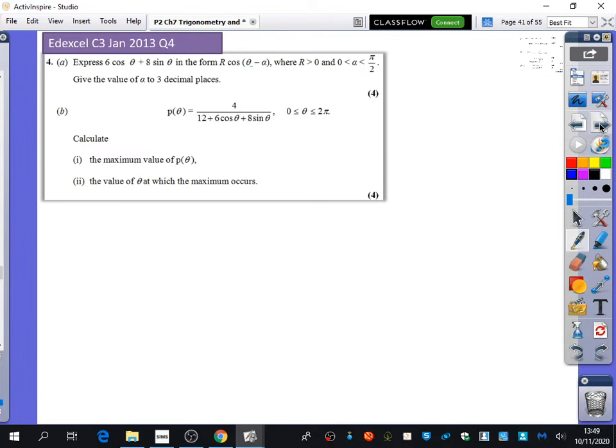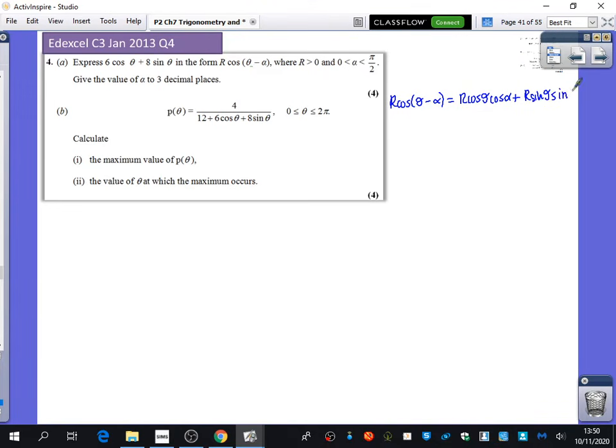It says here, express 6 cos theta plus 8 sine theta in the form r cos theta minus alpha. Give the value of alpha to 3 decimal places. Well, you've done tons of homework on this, so this should happen pretty quickly. We're going to go quite speedy here. So r cos theta minus alpha would be r cos theta cos alpha plus r sine theta sine alpha.